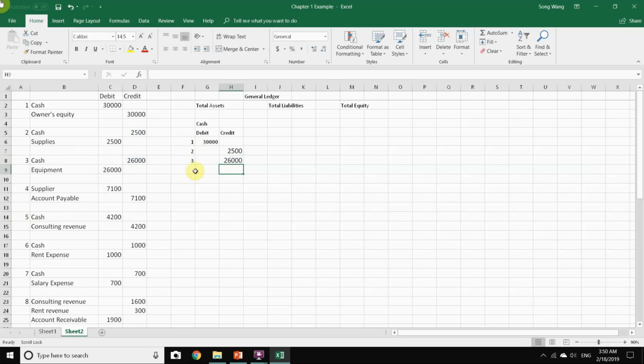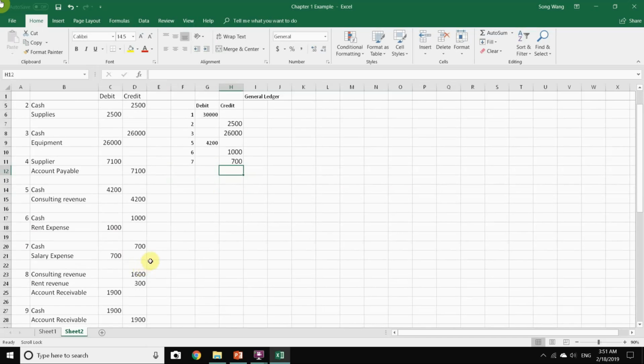And then if you keep looking, number 5, you have a debit of 4,200. And for number 6, you have a credit of 1,000. And for number 7, you have a credit of 700.